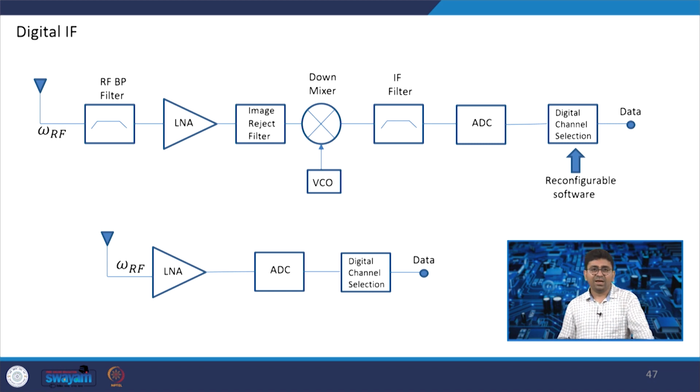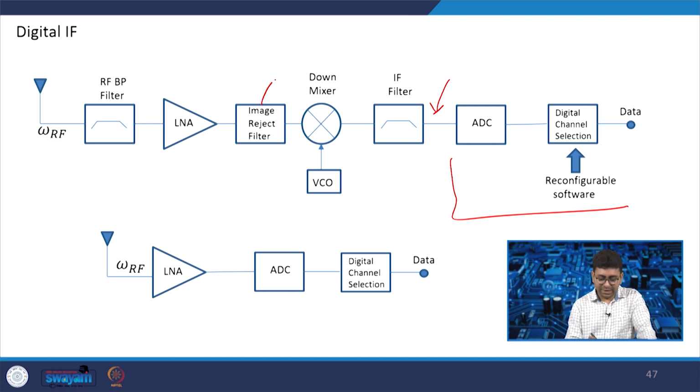There is also the digital IF. In some of the literature it is called digital IF, where after the down conversion the IF filter and the entire ADC are used, and then you have a reconfigurable channel selection, so it can be software defined.